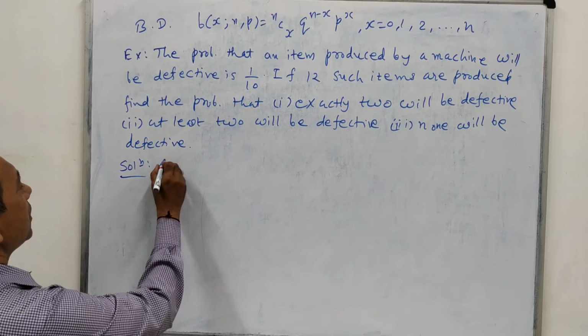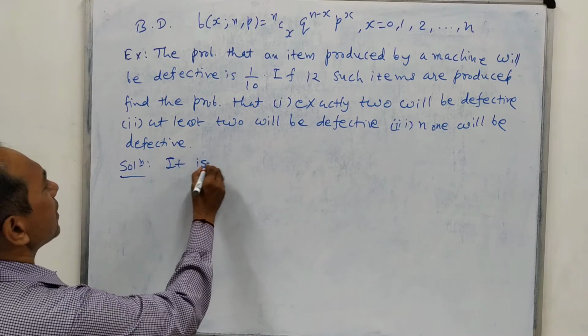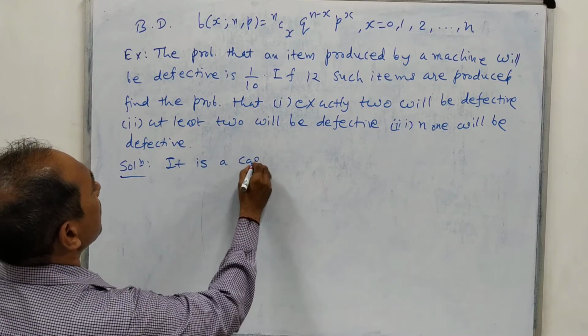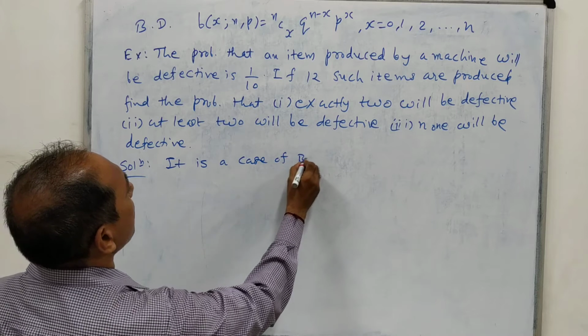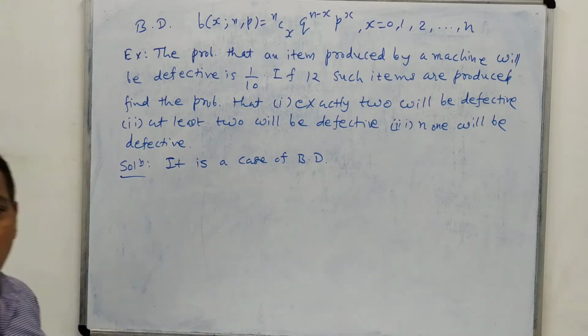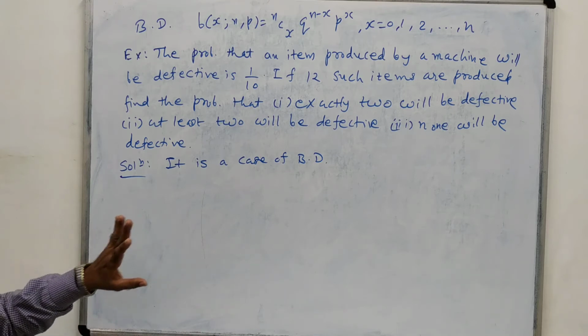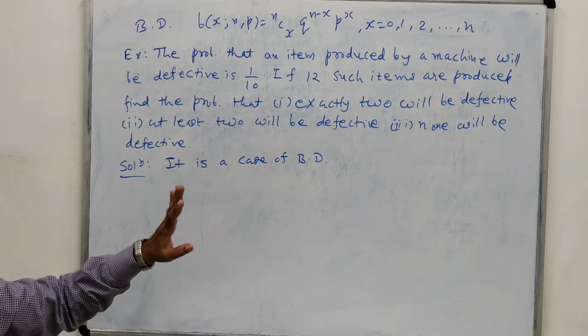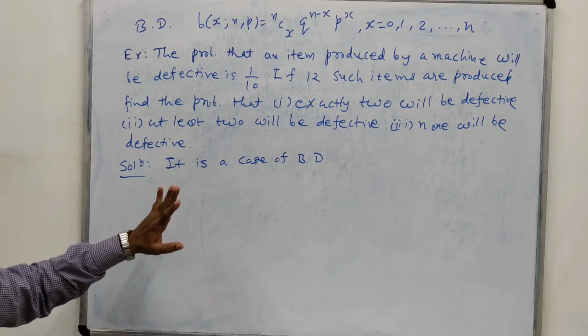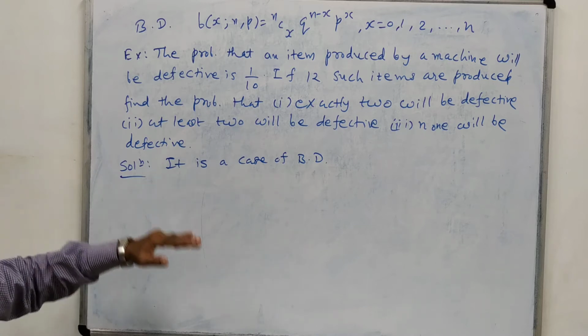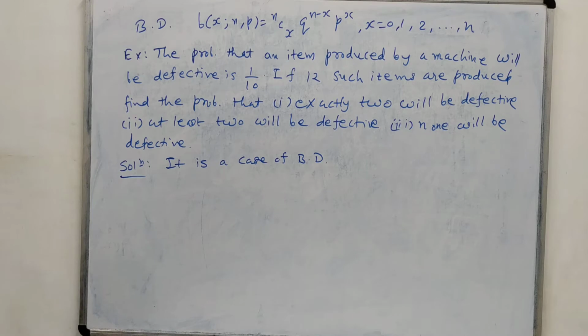So first of all, you always start by recognizing it is a case of binomial distribution. Okay, you don't worry about the problem, because once you start to write down the solution, then you will get the ideas automatically.